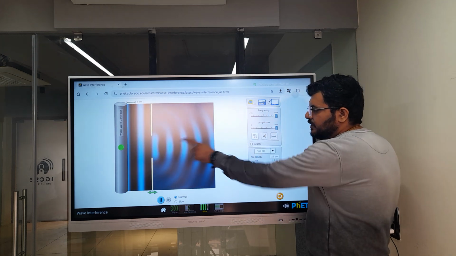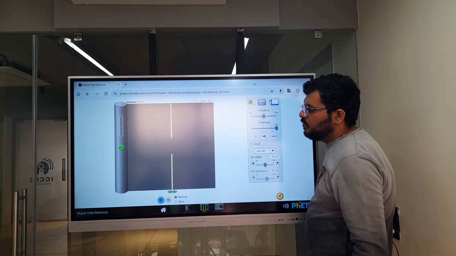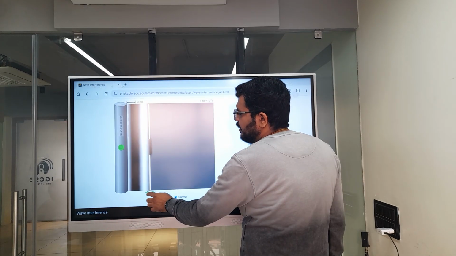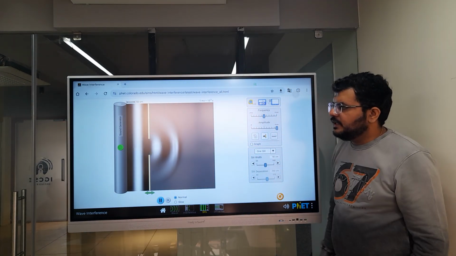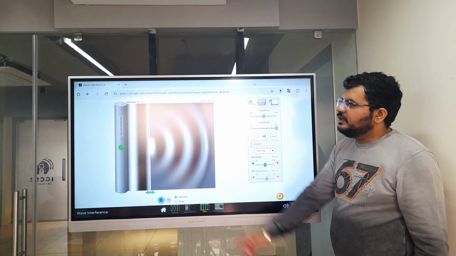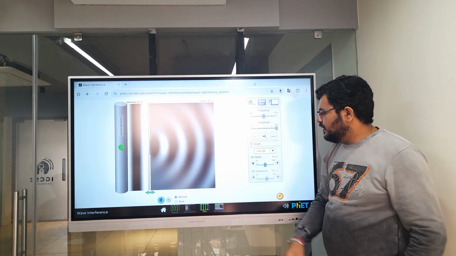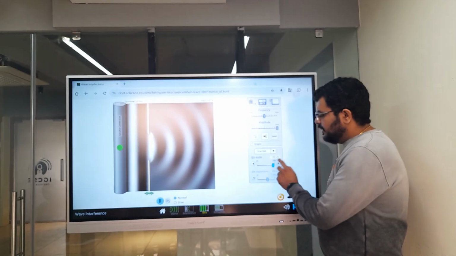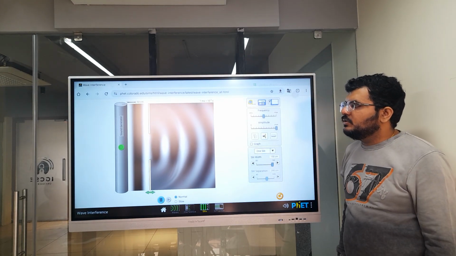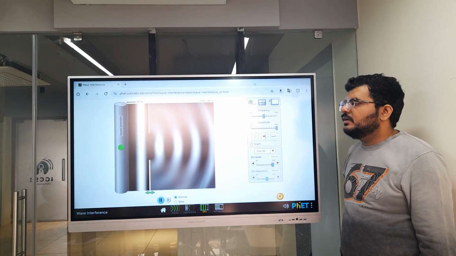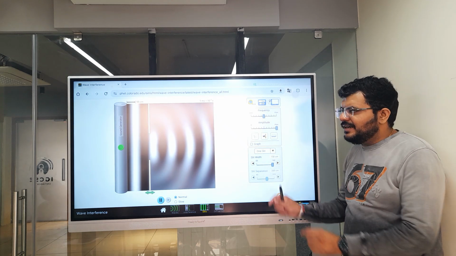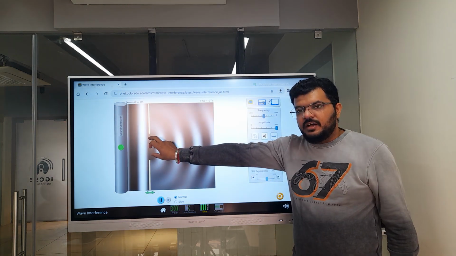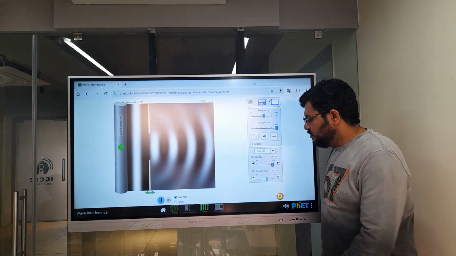Okay, so these are water waves. Let's look at sound waves. Let's put it here so we can see properly. How much is this gap? 50 centimeter. And how much is our slit width? 90 centimeter. Let's make it a little larger. See what happens at 150. At 150 they are just bending, bending from the sides, from the edges.